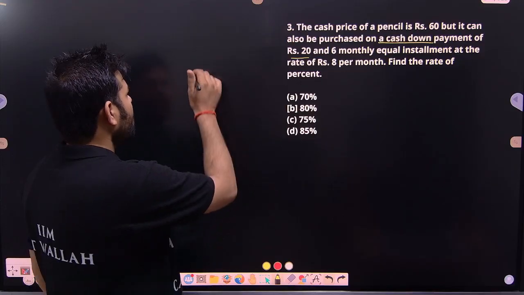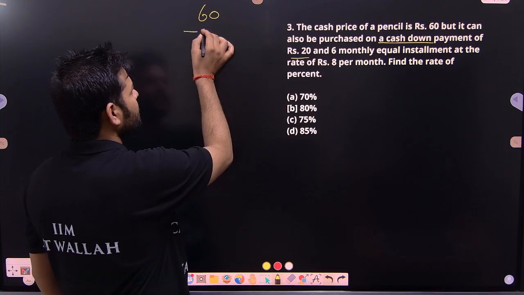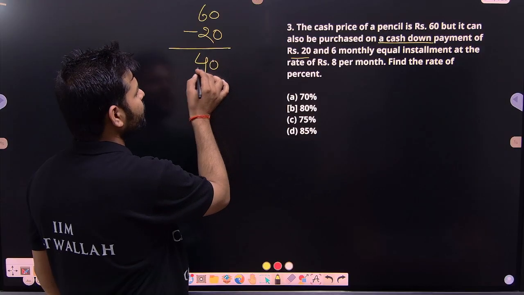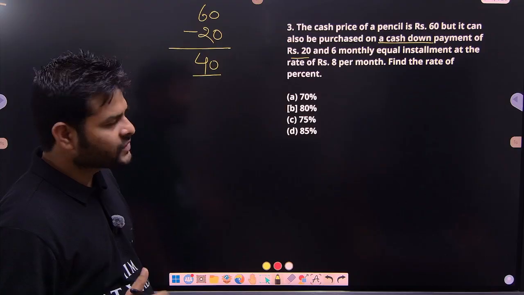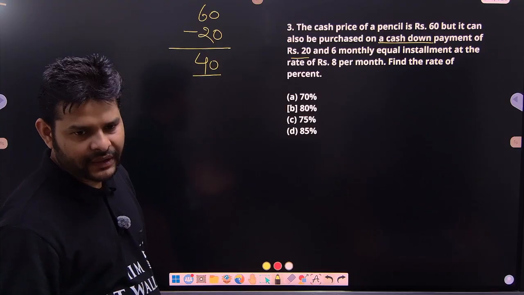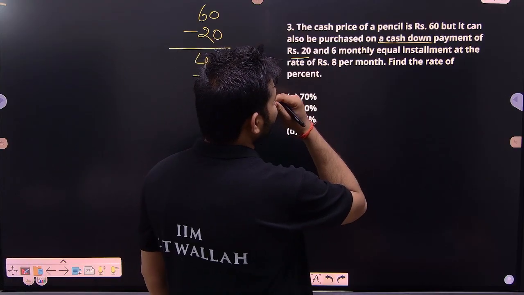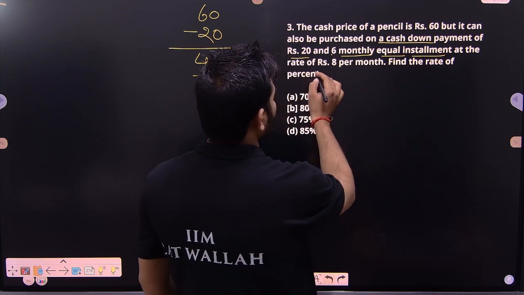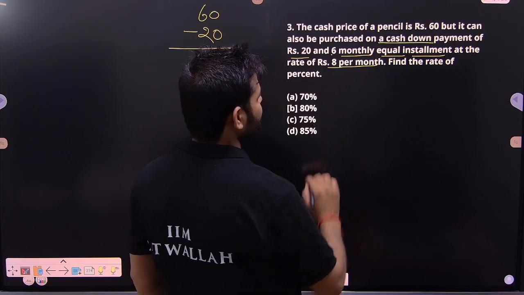So basically now the real cost is 60, the cash down payment is 20, and rupees 40 would be installment. In how many installments do you need to pay that 40 rupees? Installments are 6, six monthly equal installments at the rate of rupees 8 per month.